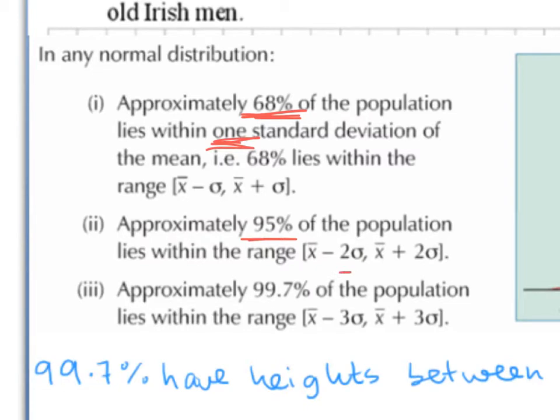And approximately 99.7% of the population lies within the range mean minus 3 times the standard deviation, comma, the mean plus 3 times the standard deviation.